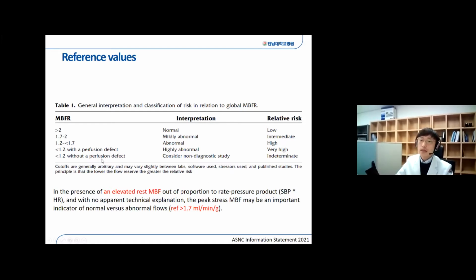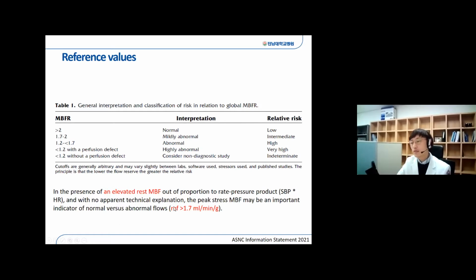And the MBF reserve can be very low when the resting MBF is elevated over 1.2 or 1.3. And if the resting MBF is elevated out of proportion to the rate pressure product, which is the product of the patient's vital signs, then the peak stress MBF itself can also be used for indicating abnormal flows versus normal.